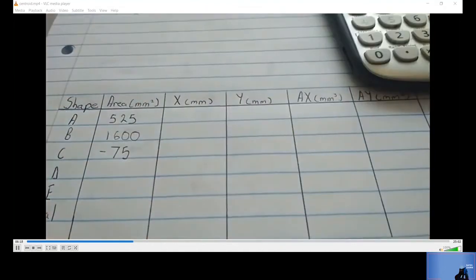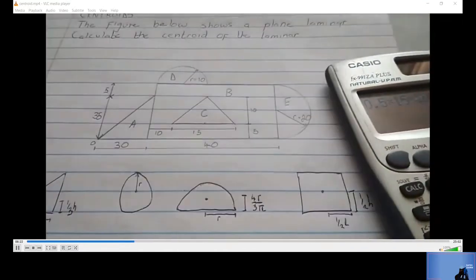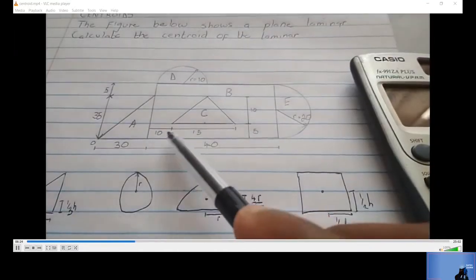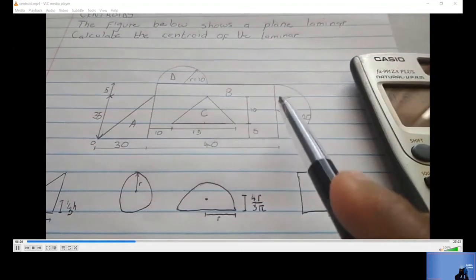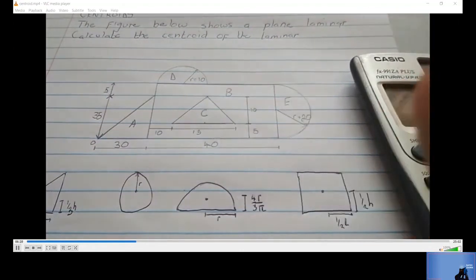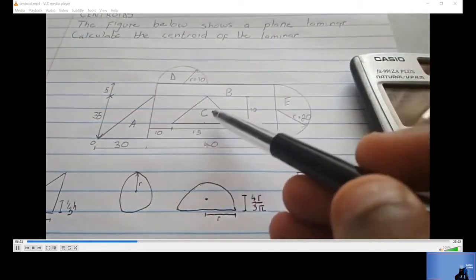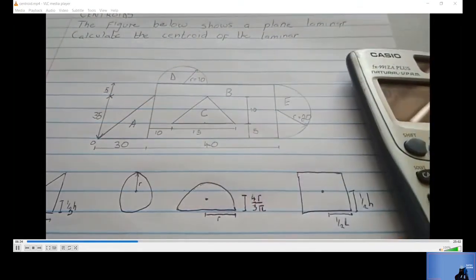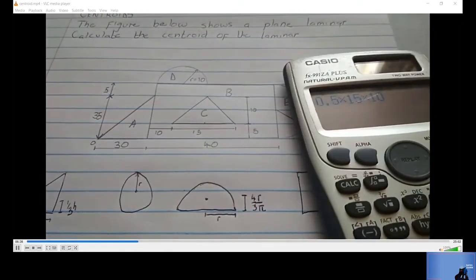So, since this is hollow, C is hollow, we put it as negative. It has a negative area. It's an empty space. Okay. But if you have a shape besides a shape, besides a shape, besides a shape, then you add that one. But if it's within a shape, then it's always hollow.